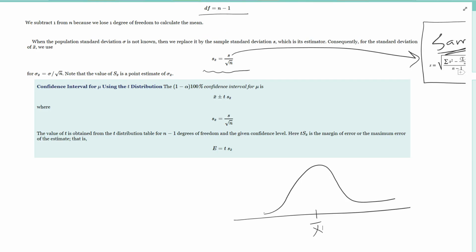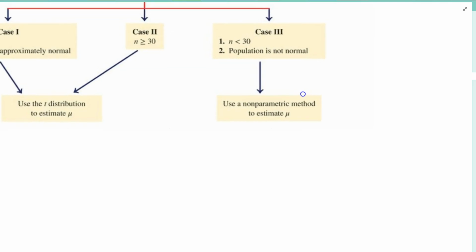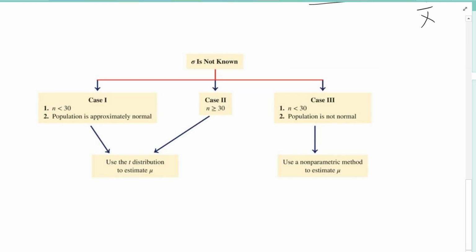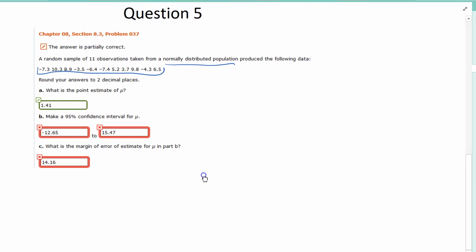So if we go back to our cases here, if we have a sample of data points for a number that is less than 30, we need to know the population is approximately normal to be able to use the t-distribution to estimate the mean. So those conditions are satisfied, so we're going to use the t-table.